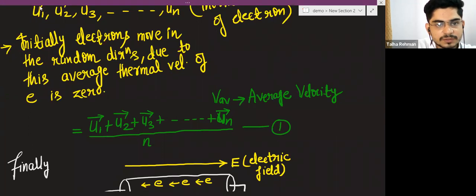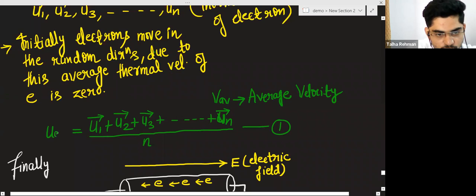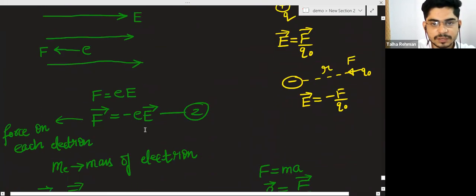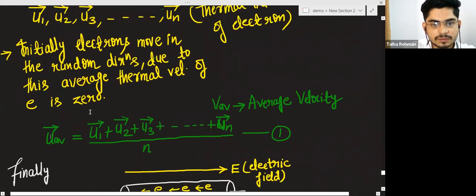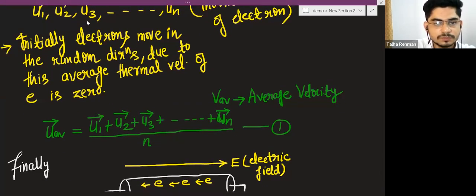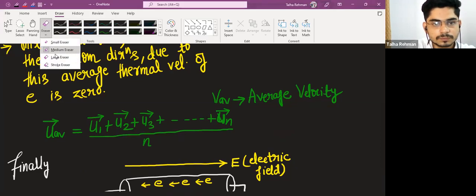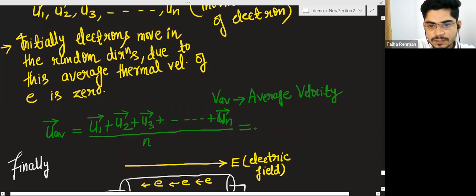This is U average because this is the initial velocity. And this U average is 0. We have discussed that this is 0. So I am writing this equal to 0.